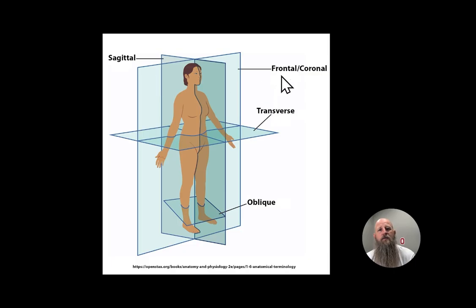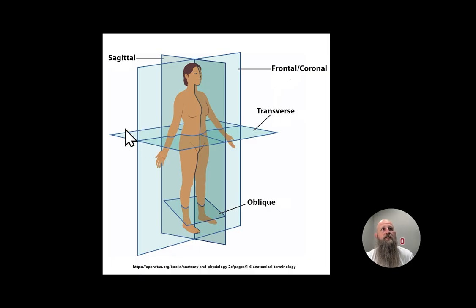Okay. Now your frontal or coronal section is one that divides you into front and back, into anterior and posterior. So we can have anterior views and posterior views.